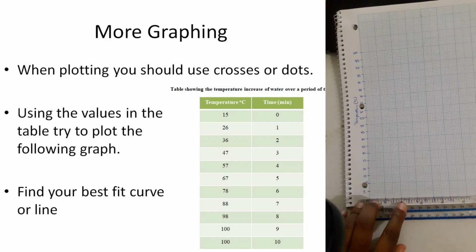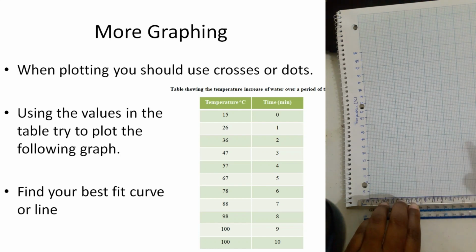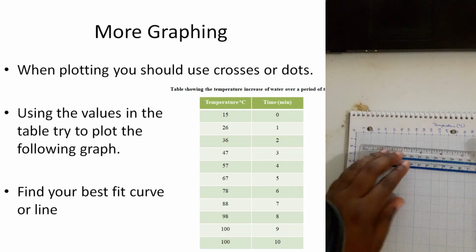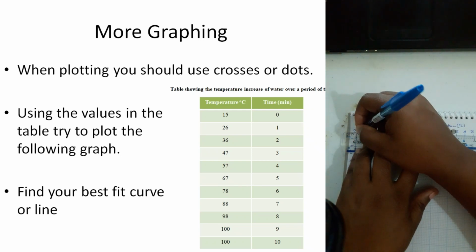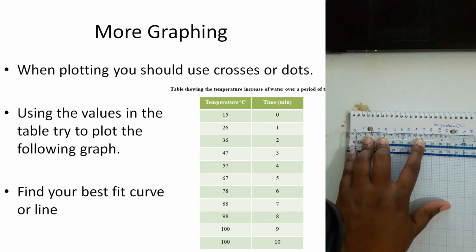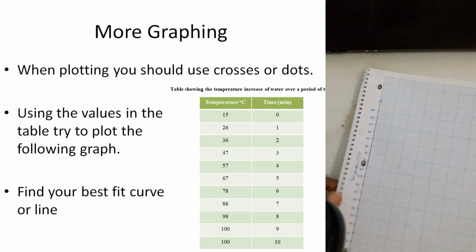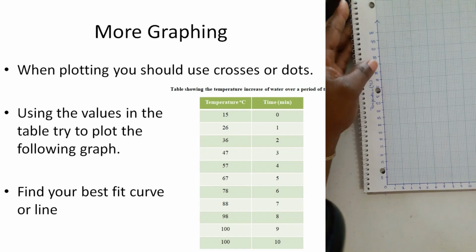In the last graph, I forgot to draw my lines, but just make sure you draw your lines. You could tend to forget because a line is already there. It's best to draw your lines. And then draw your line right here. If you look at it, I'm making sure that I put my arrows. Okay? So if this is 100, then this will be what? Of course, 105, 110, 120, because going up in fives.